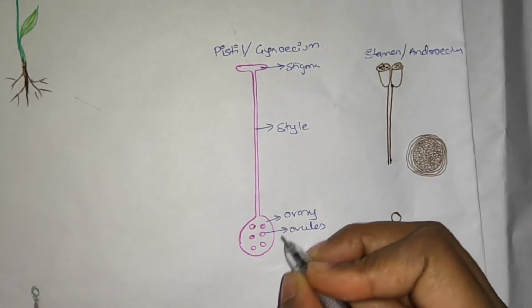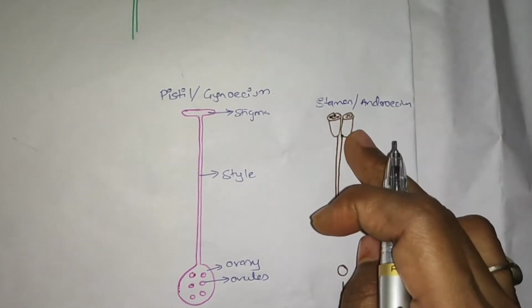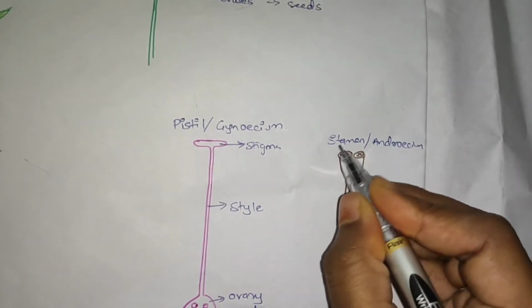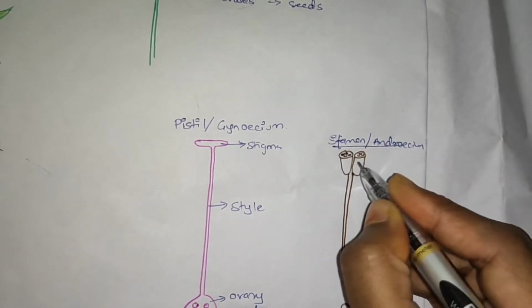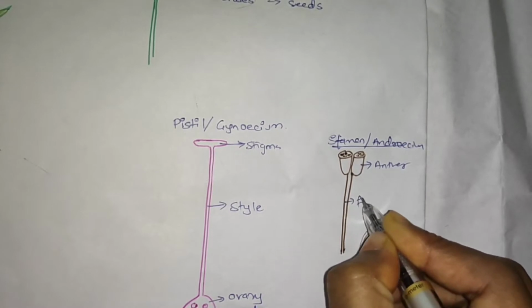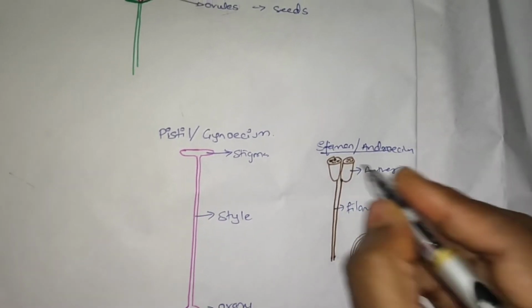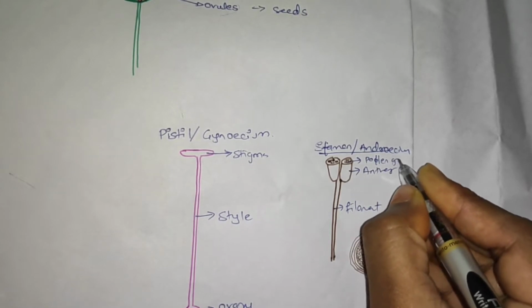The number of ovules may differ. In the stamen, the male reproductive structure, we find an anther and a long filament. The anther is going to produce pollen grains.